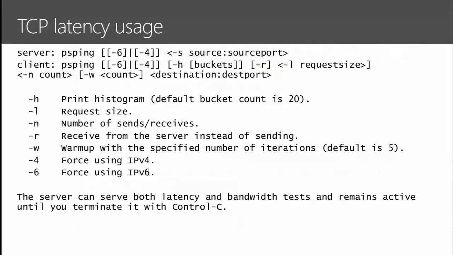I'm not going to demo these next ones, but TCP latency and bandwidth. The idea here is to establish a TCP connection to a remote server and then test how long it takes for data to transfer back and forth across that established connection. Now, the only way you can do that is if you have something running on the server that knows how to respond to what you're asking. And so ps ping offers that. With ps ping -s, you run that on the server side, and you specify the interface that you want to use and the port.